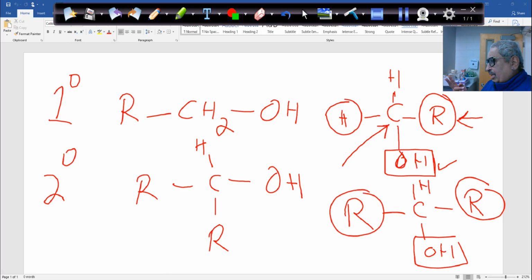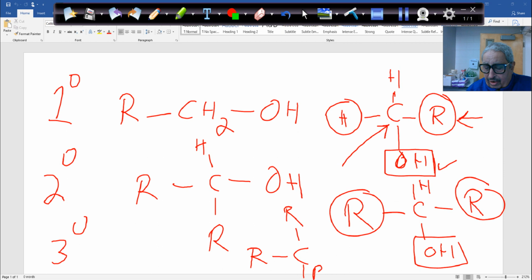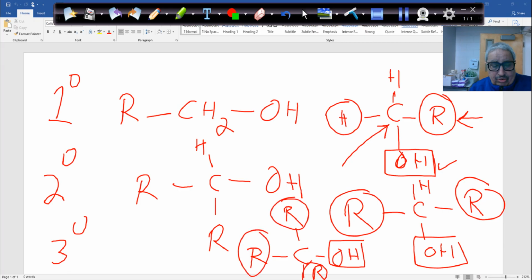That's secondary. Now I can replace the last H here, and that would be tertiary: R, R, R, OH. That's called tertiary alcohol. Okay, guys, tertiary alcohol.